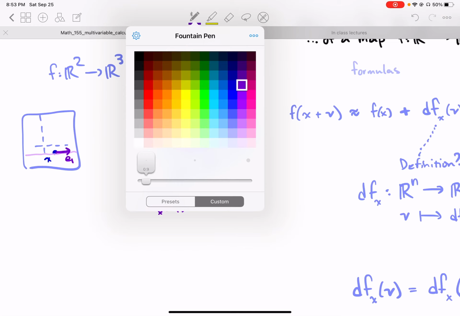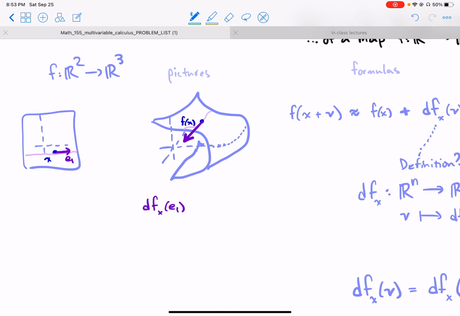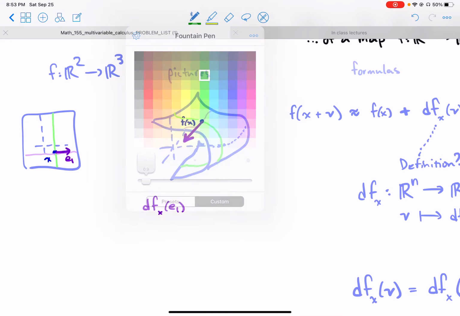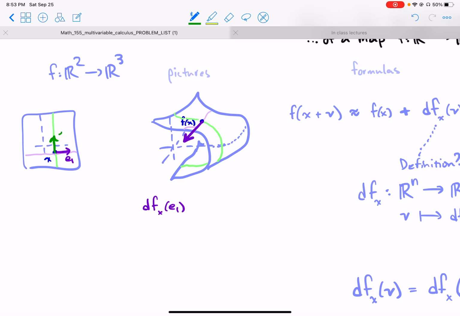So this is the picture. Now let's say I could move in the second dimension, like this green line, and then maybe that would become some sort of curve on this surface. And then the unit vector e2 is in that second dimension, and we can calculate df at x evaluated at the vector e2, and that's going to give us some other velocity vector.